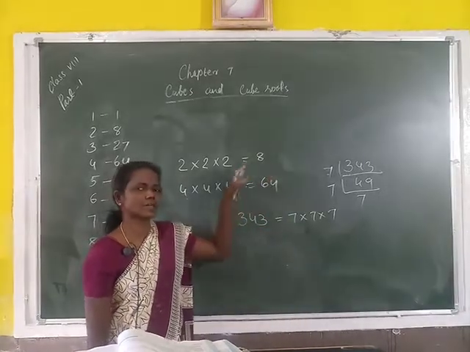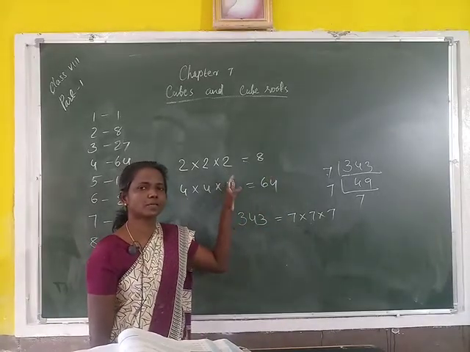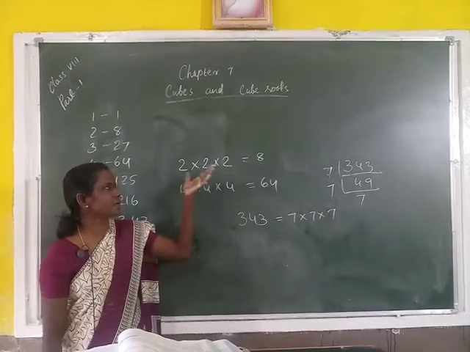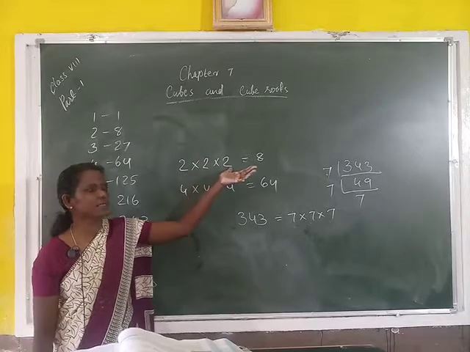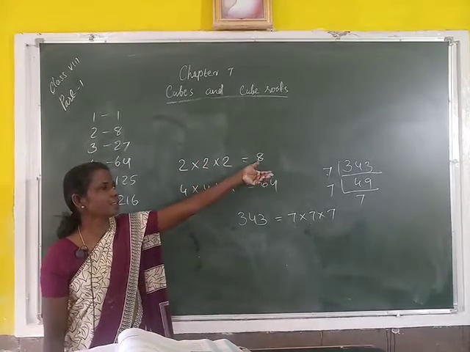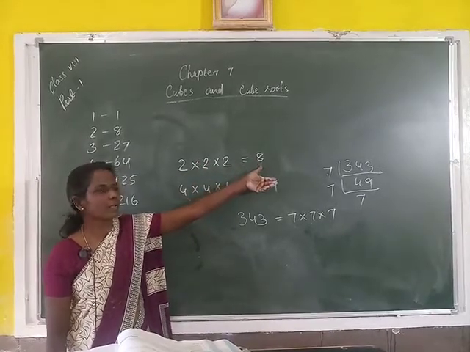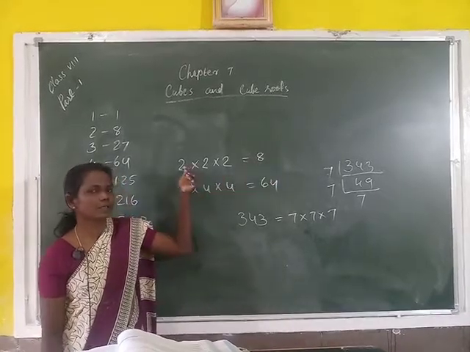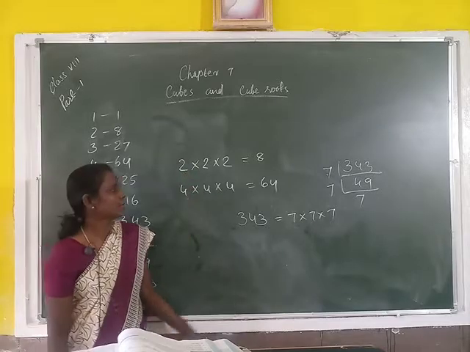Do you understand what is cube? After the factorization, a number is multiplied 3 times and we get its product. That product is a perfect cube, or cube of the given number.